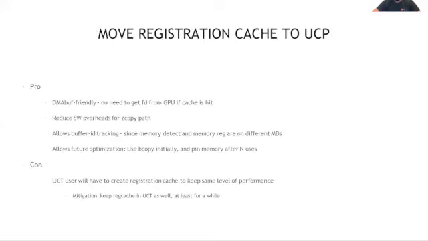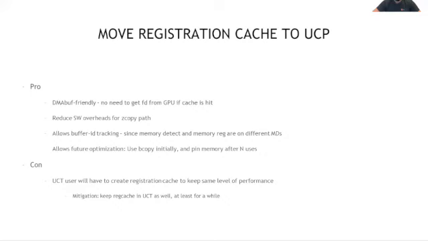So as part of this task, it seems like we need to move the registration cache to UCP. Obviously, there are pros and cons for that kind of change. Besides the amount of work and changes required to do that, it means that the UCT layer would not be as performant as UCP.